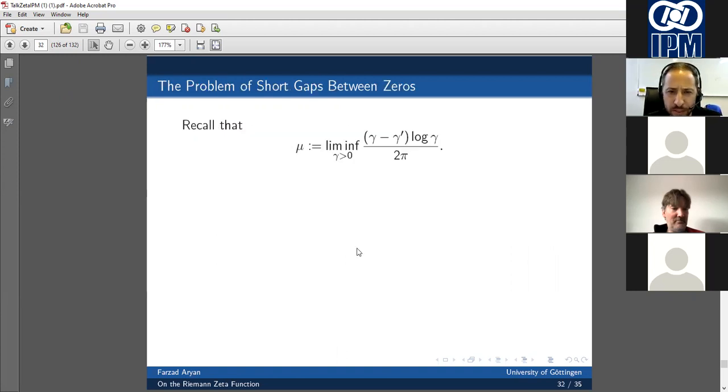So as I said, the mu measures the short gaps between zeros. I want to give a history of the results in this direction.